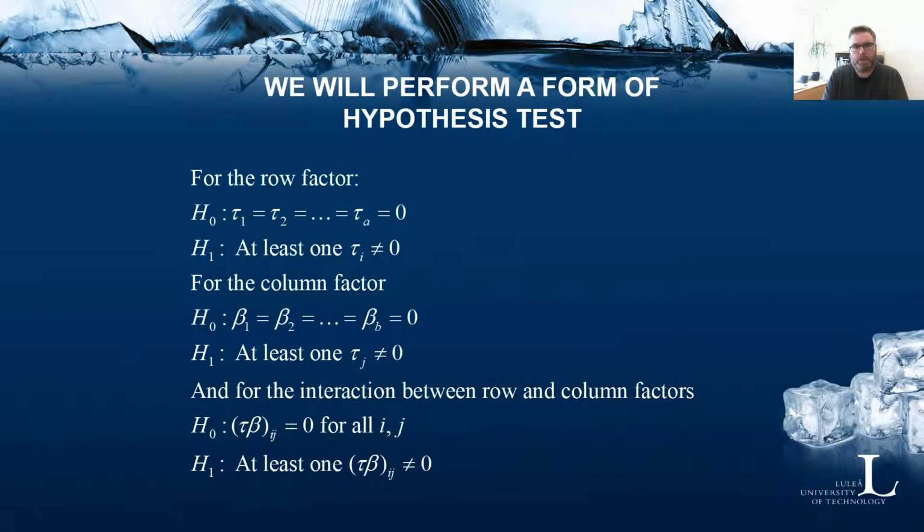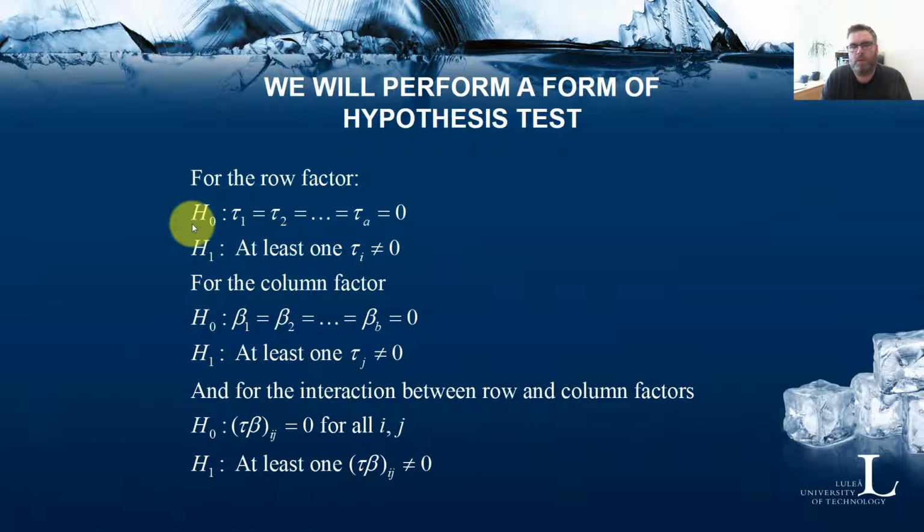Okay, so what we will try to do is to perform a form of hypothesis test. One for the row factor, one for the column factor, and one for the interaction between row and column factors. So if we take the row factor as an example, we set up a null hypothesis that none of the tau values, let's say the row factor effects, are different from 0.